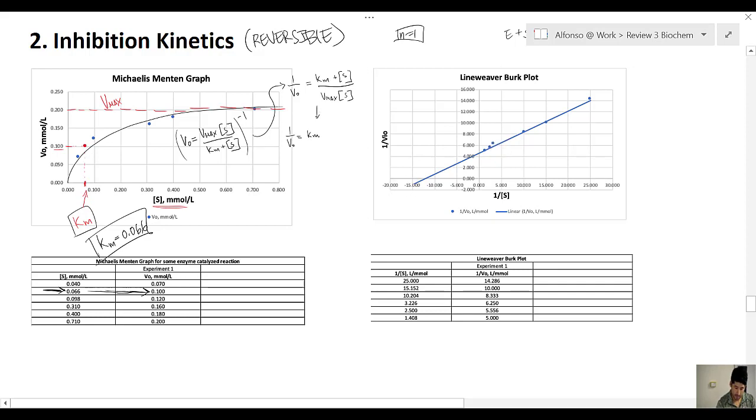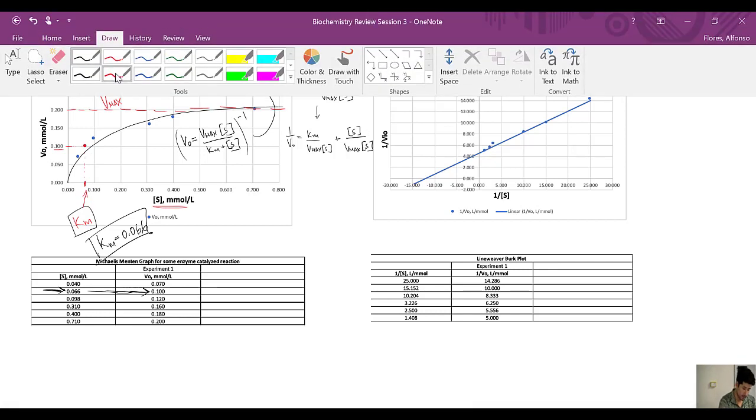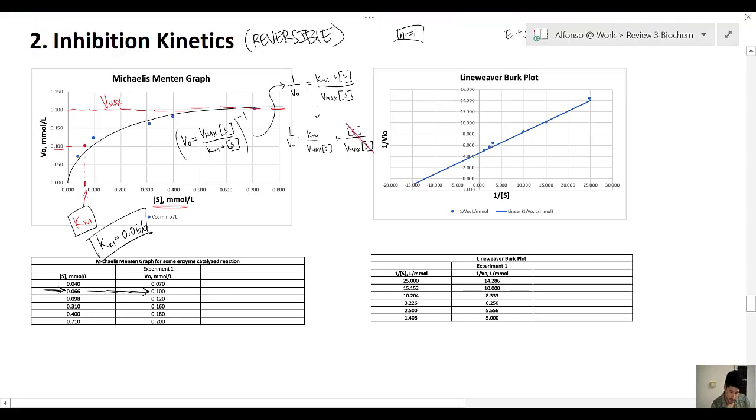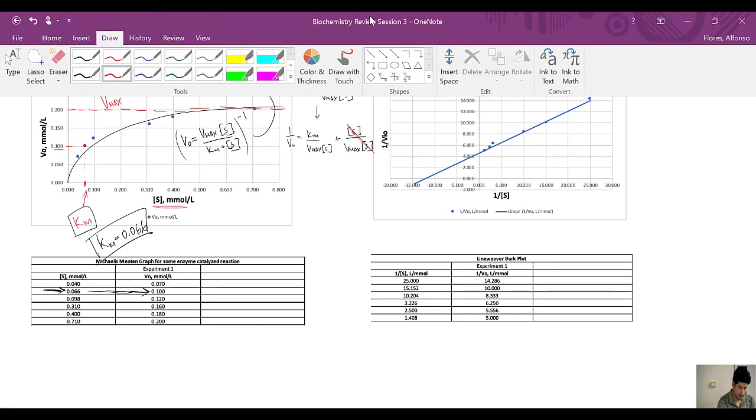Now we can break down this equation a little bit further until we get 1 over initial velocity is equal to Km over Vmax times the substrate concentration, plus substrate concentration over Vmax times substrate concentration. All I did was break up the Km and the substrate concentration that were on the numerator.